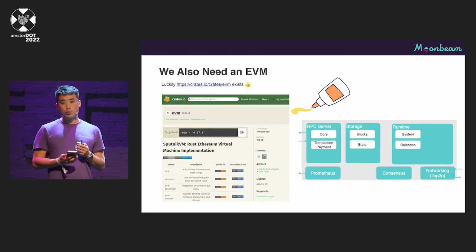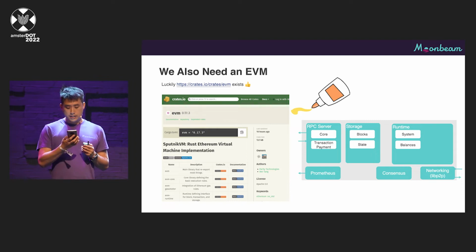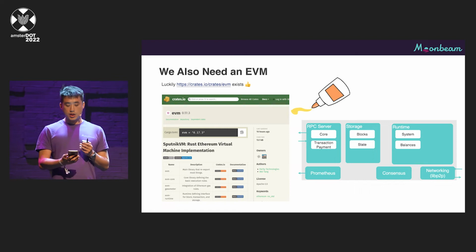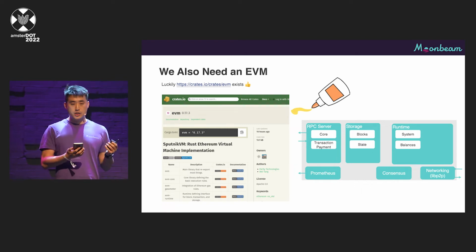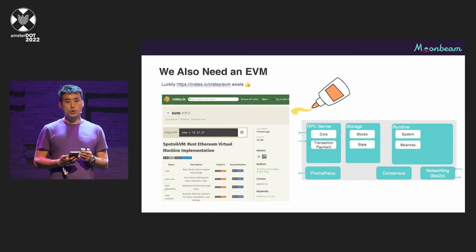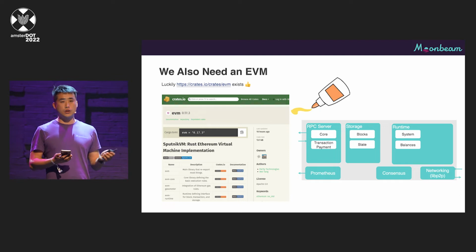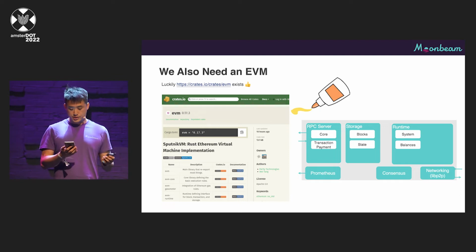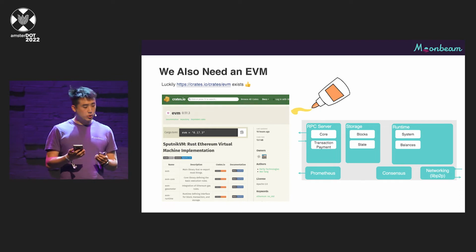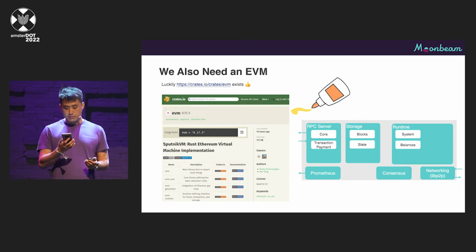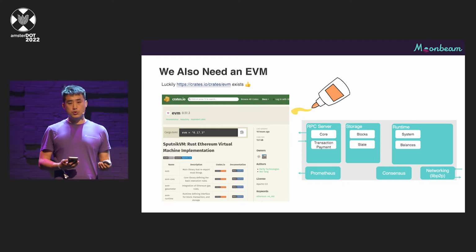The EVM that we use in Frontier is called the Sputnik EVM, and it is fully written in Rust, and is highly efficient, and it was originally written for Ethereum Classic, but now is used in a lot of other EVM chains. But the question remains, how do we connect an EVM to the Substrate runtime?